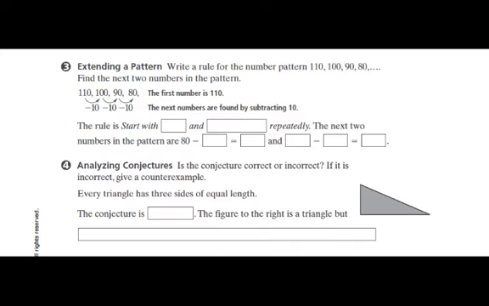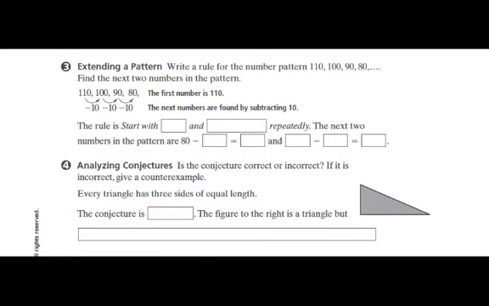For example 3, we're going to be extending a pattern. Write a rule for the number pattern 110, 100, 90, 80. Then find the next two numbers in the pattern. So if we look at this pattern, we see that it's decreasing by 10.